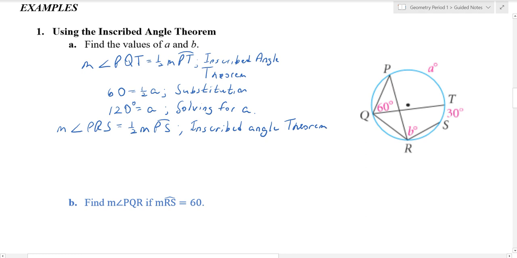Now we can say that B equals 1/2 the measure of arc PT plus the measure of arc TS, and we can say that because of the arc addition postulate.